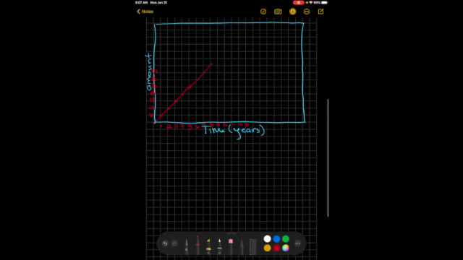So a couple of questions to consider. First, when we're looking at our graph, what does the point 0, 0 mean to us? We know that's the point of origin, and we know looking at this graph, it is a proportional relationship because it's a straight line and it passes through the point of origin, which is here, 0, 0. So what does that mean? Well, looking at 0, 0, that would mean I have deposited no money and that has earned no interest.